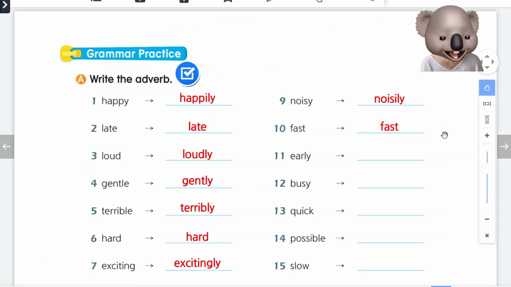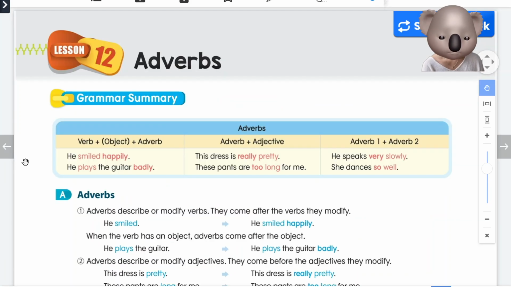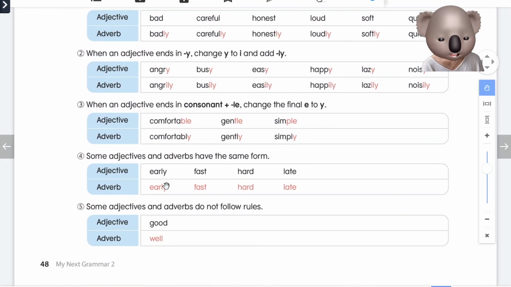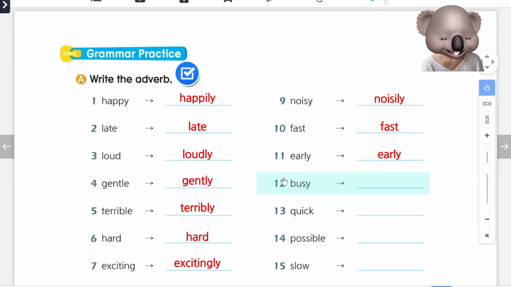Number 10, ooh, this one was one that does not change. Fast is fast. Number 11, early. 우리 방금도 봤잖아. Early is early. Number 12, busy. Change the Y to I-L-Y. Busily. Can you say busily? Good. Number 13, quick. ly 추가해서 quickly. 빠르게.